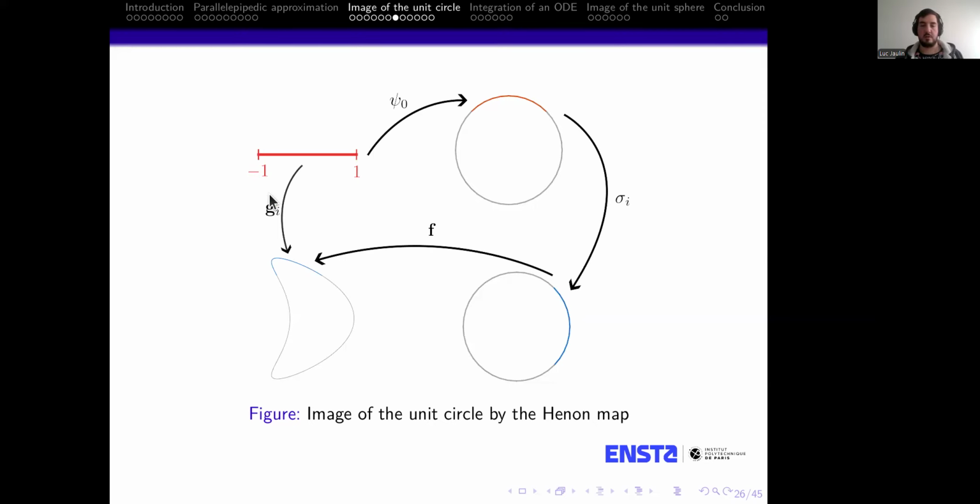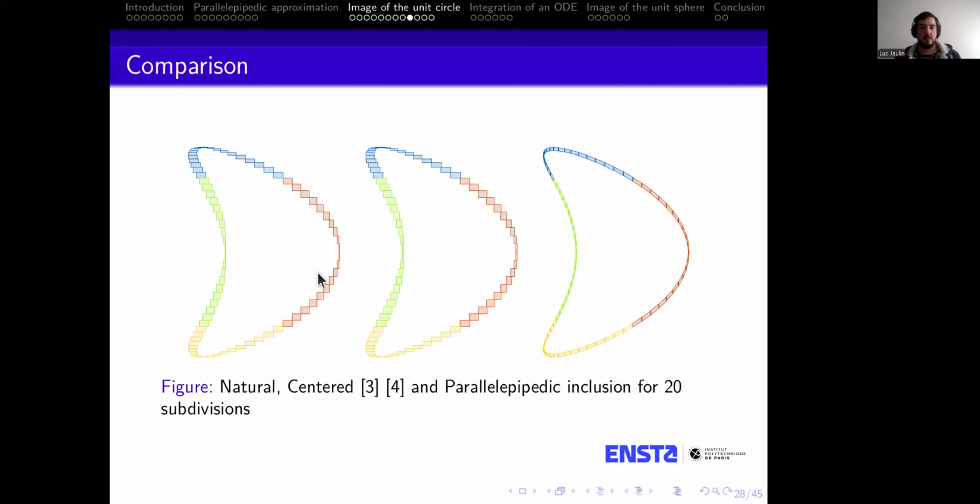So my GI function is the composition of these three. From -1, 1, the GI function gives me a quarter of the image. With my parallelepipeds it's the same, except I have a non-closure of the image. This is a result that we can get for the four GI functions.